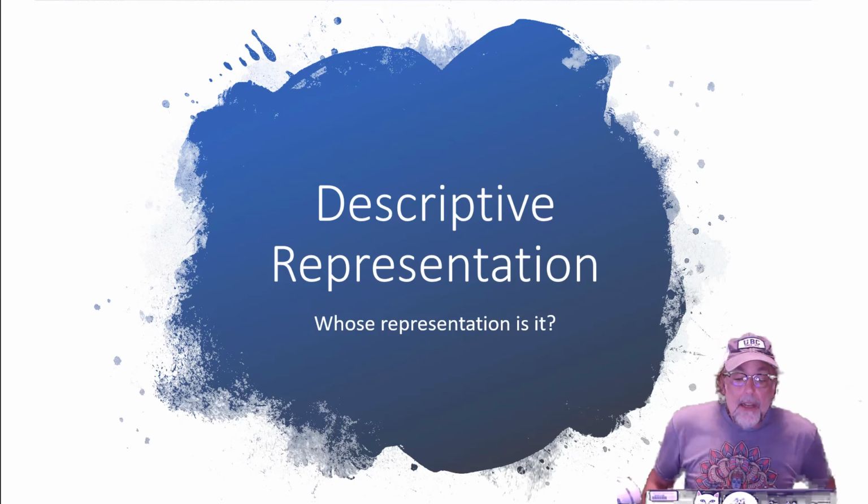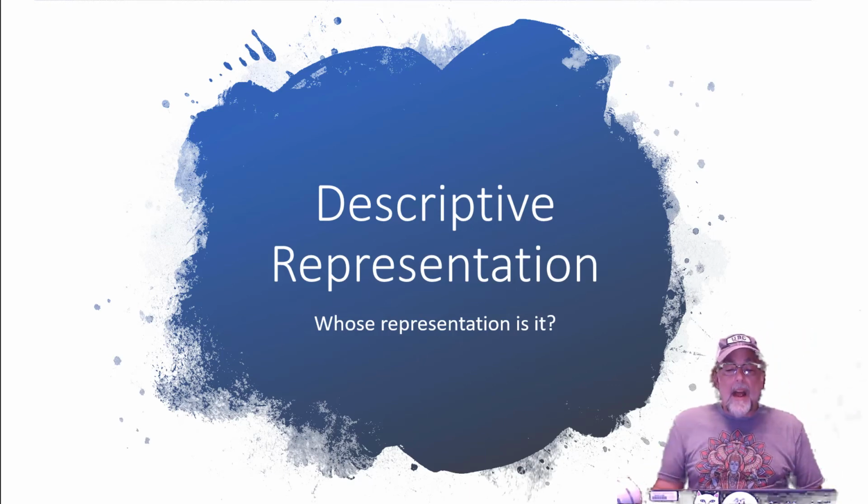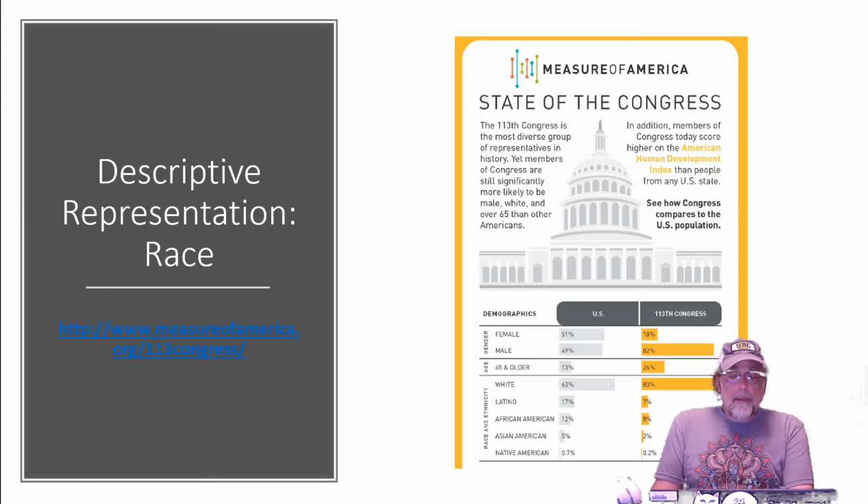Descriptive representation has to do with what our elected officials and what our voters sort of look like in terms of income, in terms of race and ethnicity, in terms of gender. Are the people who are getting elected representative of America as a whole? Or is it the case that because the cost of participation is high, because they can bear the costs, that high social status people are overrepresented in our institutions, not to mention our voting?